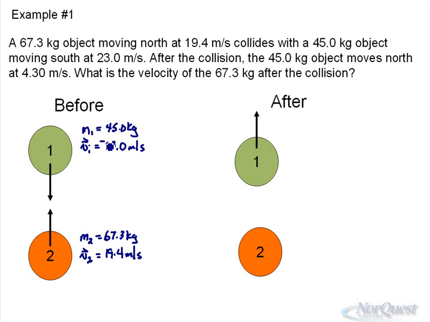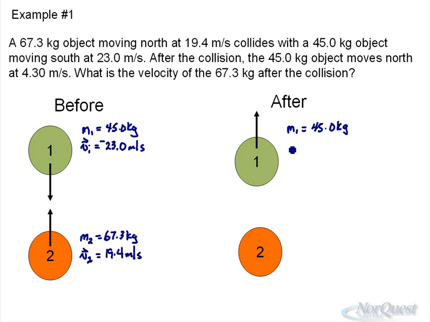After the collision, the 45 kilogram object moves north at 4.3. Generally, in these types of questions, the mass does not change. We're going to have conservation of mass. I've only seen one question in the whole time I've taught Physics 30 where you saw a change in mass, so that's not a common thing to see.